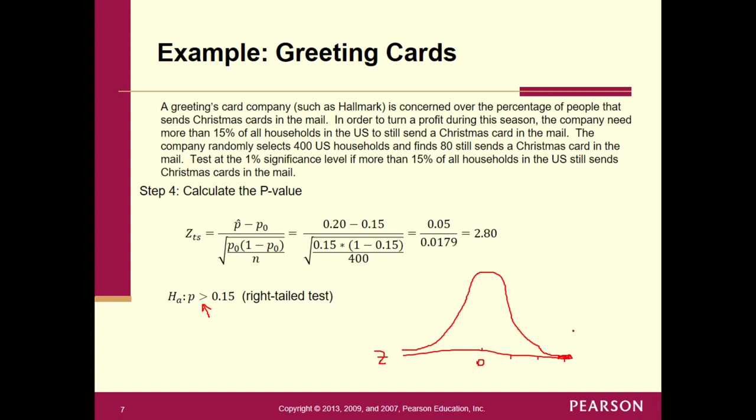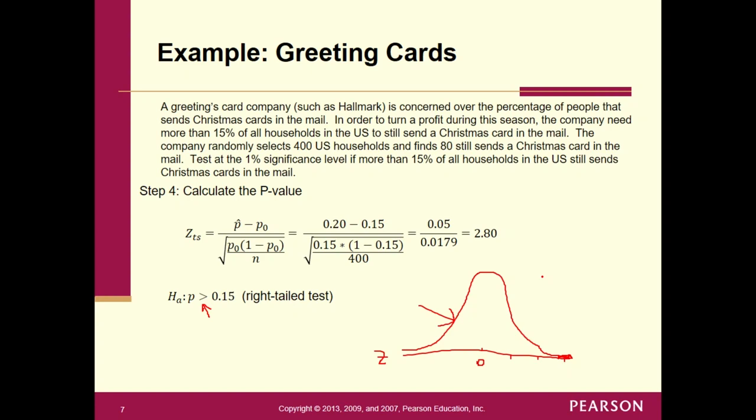Does that look like I shaded in a whole lot underneath that curve? No, that means our p-value is going to be low. That's why I'm showing you this graph, to visually show you that we should not be getting a high p-value. Because when you look up 2.80, it's going to give you this unshaded part, and that's going to be a large value as far as probability goes. We should be getting a small p-value here.